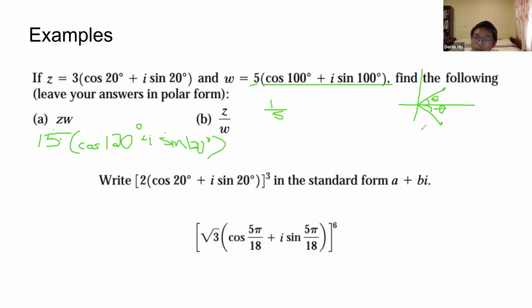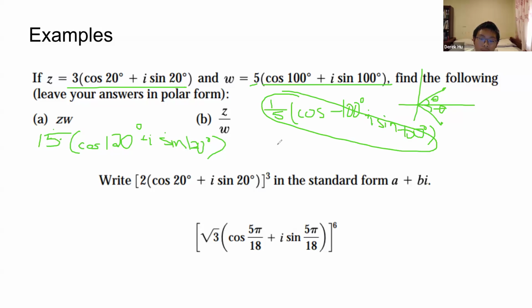So like this. So this will be cosine negative 100 degrees plus i sine negative 100 degrees. Then we can just multiply this and this, and we get 3/5 of cosine negative 80 degrees plus i sine negative 80 degrees. And if you guys want, you can also clean this up so there are no negative arguments in here.